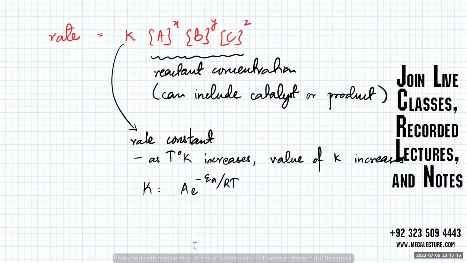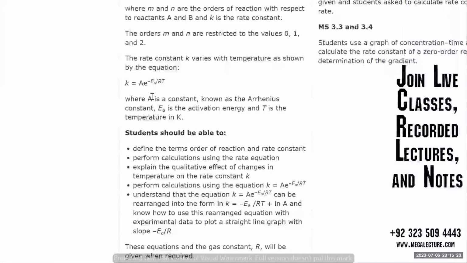A is basically just a constant. A is a constant for calculating K. E_A is your activation energy and T is the temperature in kelvins. We'll talk about how to calculate this entire thing. R is your gas constant, by the way.